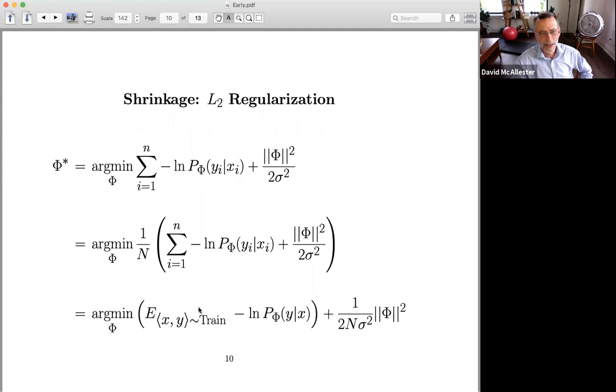Pushing that into this sum, this just becomes the cross entropy. It's just an average over the training data of minus log probability of y given x. So this is our cross entropy loss. And we get this extra term corresponding to the prior probability distribution. Note that there's a 1 over n here.